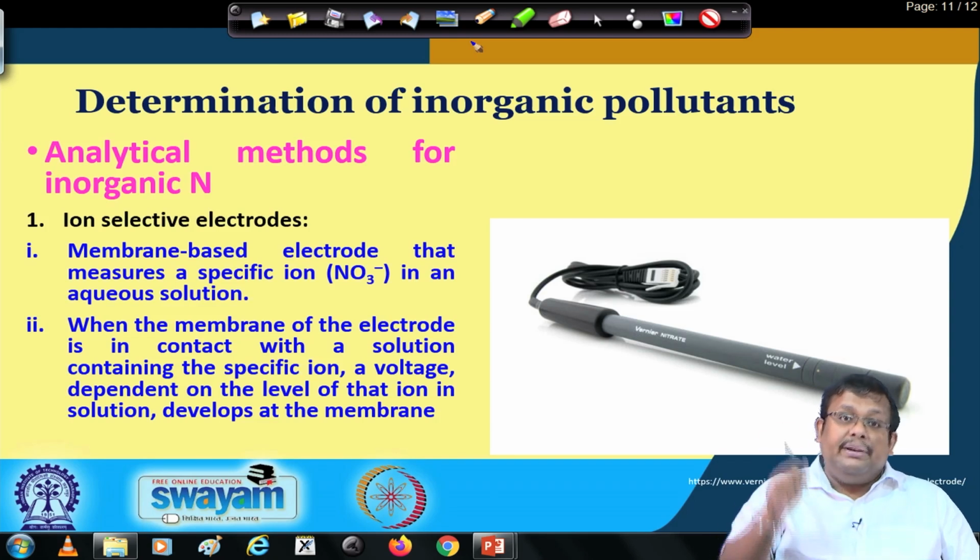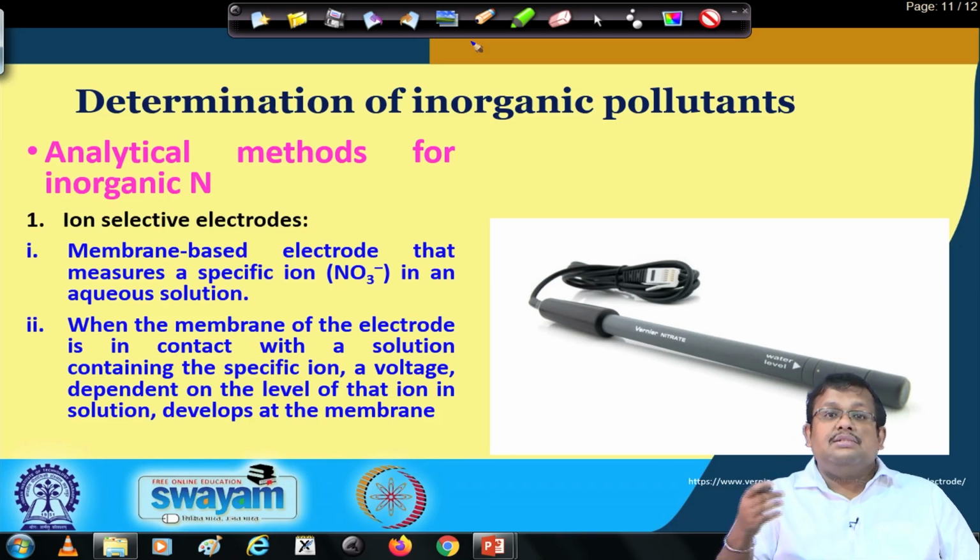When we dip it, the membrane of the electrode comes into contact with the solution containing the specific ion, and a voltage difference develops across the membrane depending on the concentration of the ions, which can then be measured.